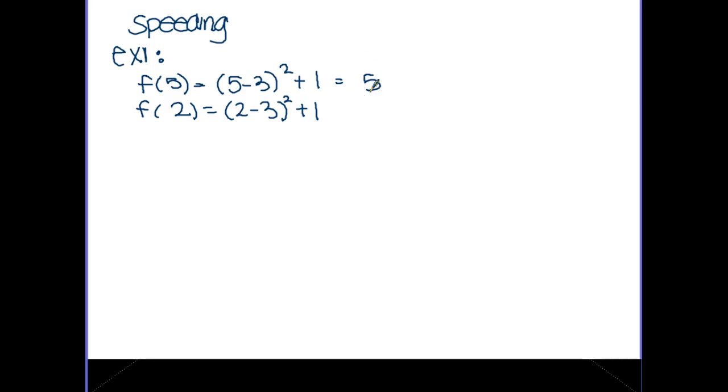Okay, find f of 5 and f of 2. So that's part A. Find the average rate of change, aka the slope of the secant.